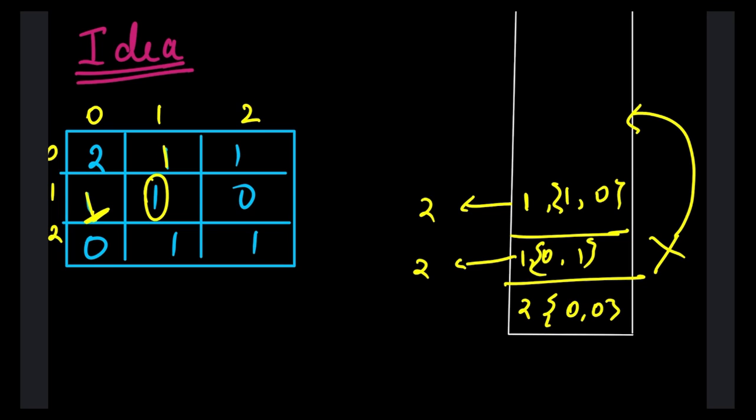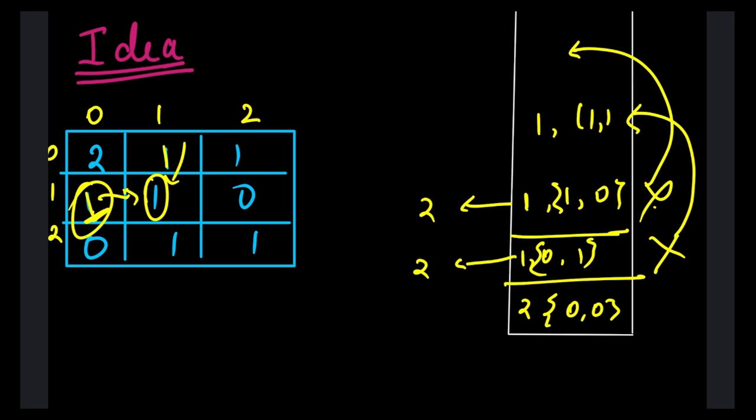I can say this is a neighbor for this one too, but we are taking this as neighbor of this one, right? So we push 1 comma 1 comma 1 and then we pop it out and push its neighbor too.